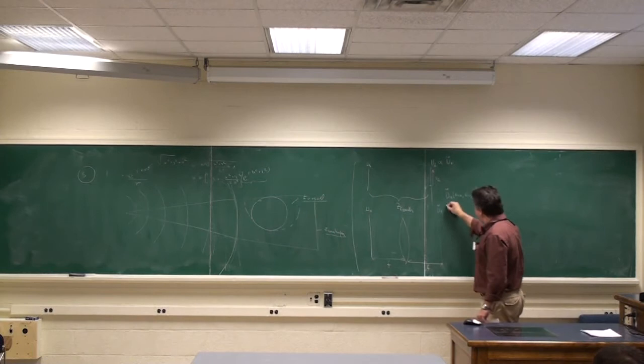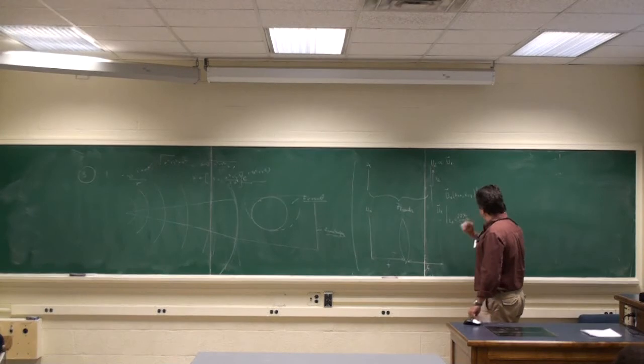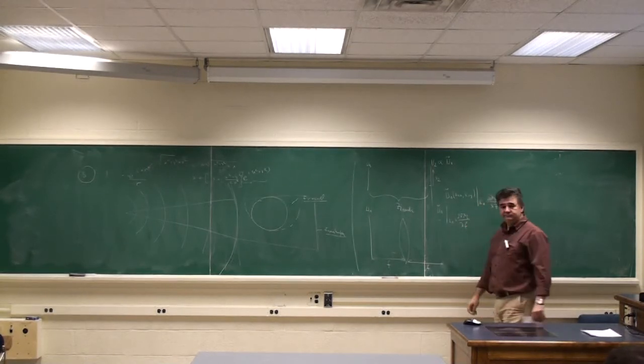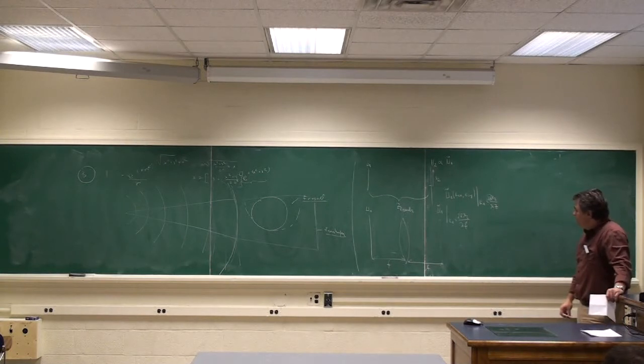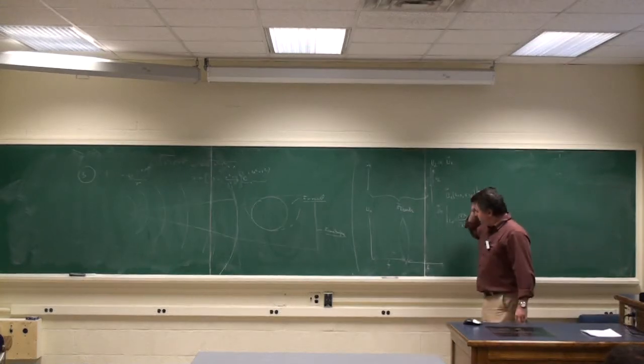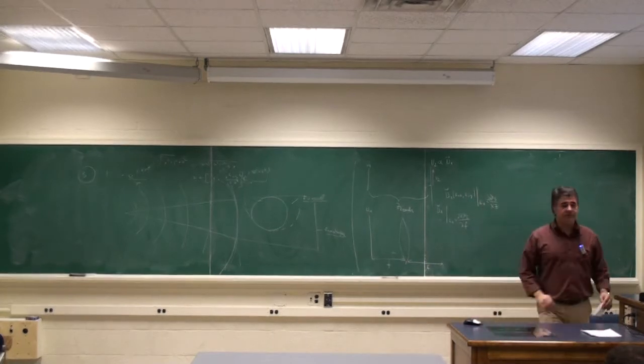The difference is now k1 is 2 pi x2 over lambda f. Right? And right here, this is the basis for Fourier optics.